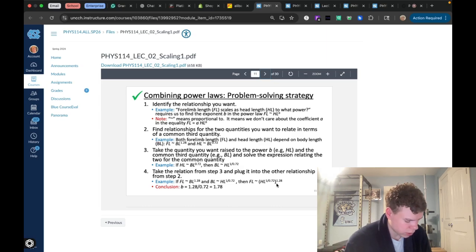Because if you have a number raised to 1 divided by 0.72, and then you multiplied that to the 0.128 power, would that also just be equal to... I'm checking my... yeah, it's the exact same thing as that.